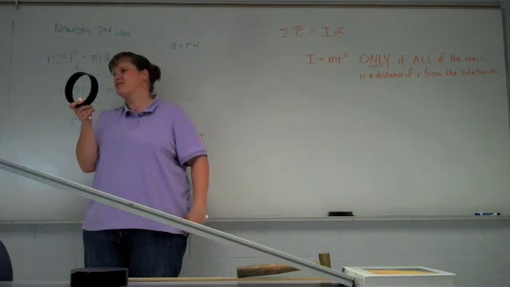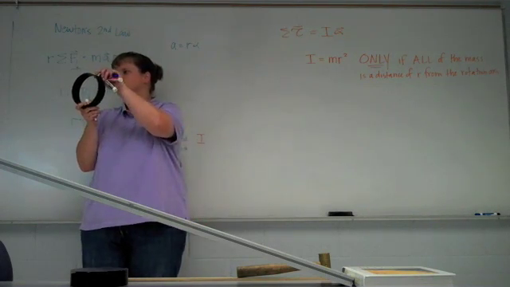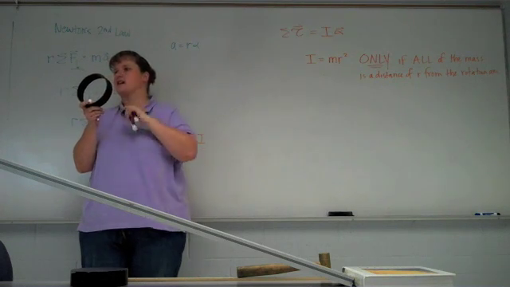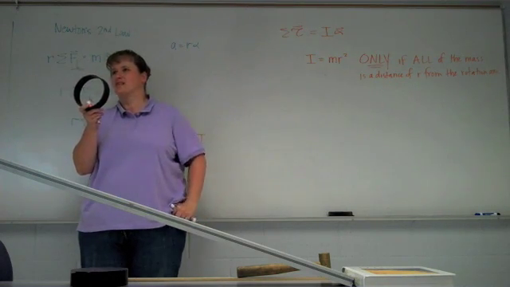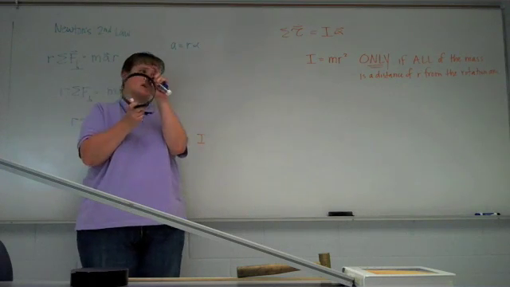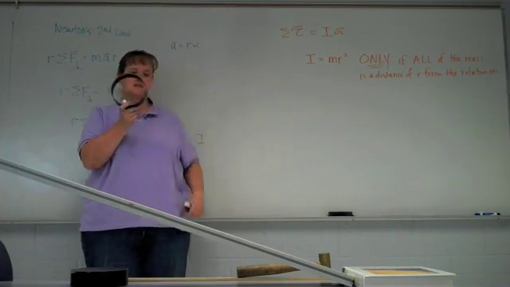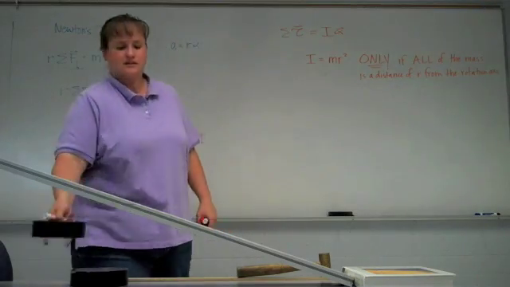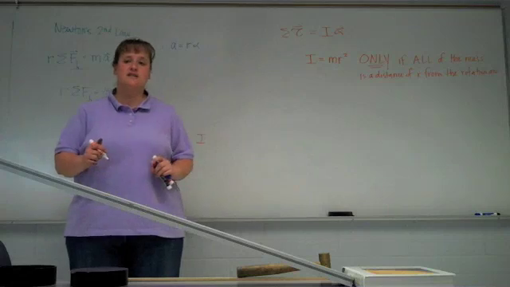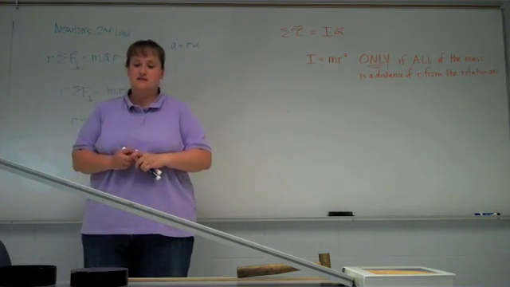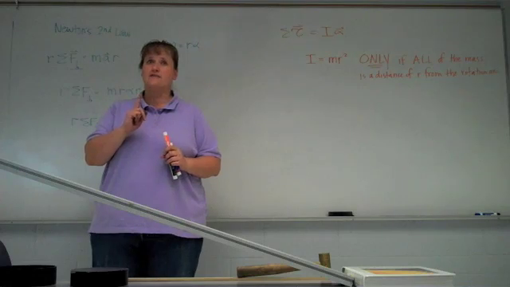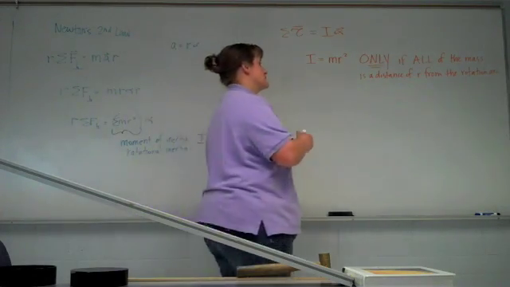This hoop isn't thick enough to worry about the inside being closer than the outside. You'd have to have a pretty thick region to worry about the extra distance. So mr squared, in and of itself, is only valid for hoops and for point masses.